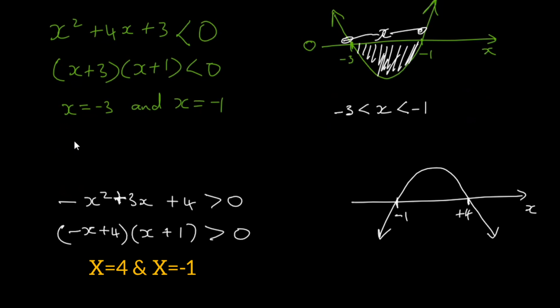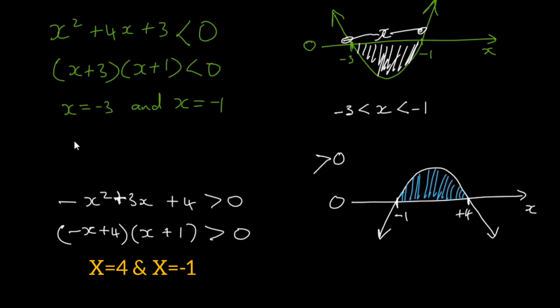So what this is asking us is, where is the graph above the x-axis? Because the sign is a greater than 0 sign. So where the graph does that, you can see between the line of the graph and the x-axis, I'm shading over there.